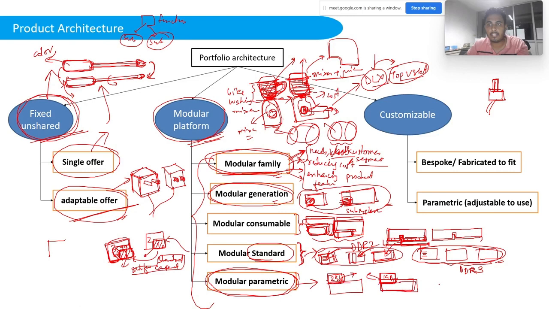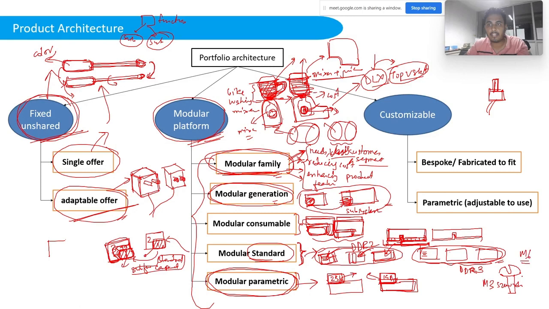For example, if I give a second example of a screwdriver, there are fixed designs. So you can say an M3 screwdriver. Within M3 you cannot put M6.